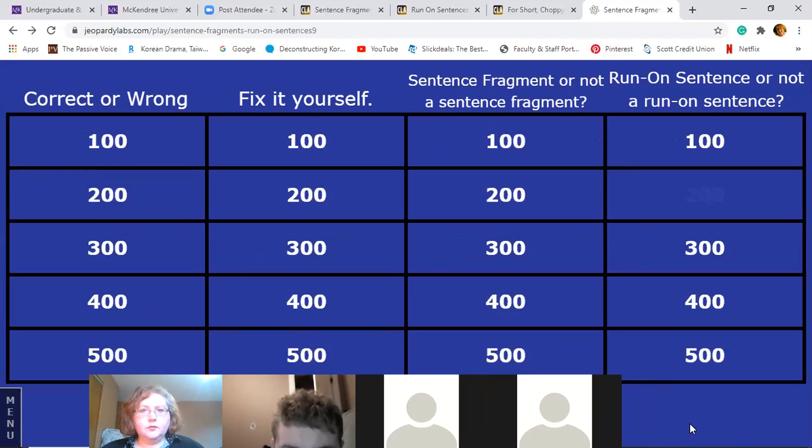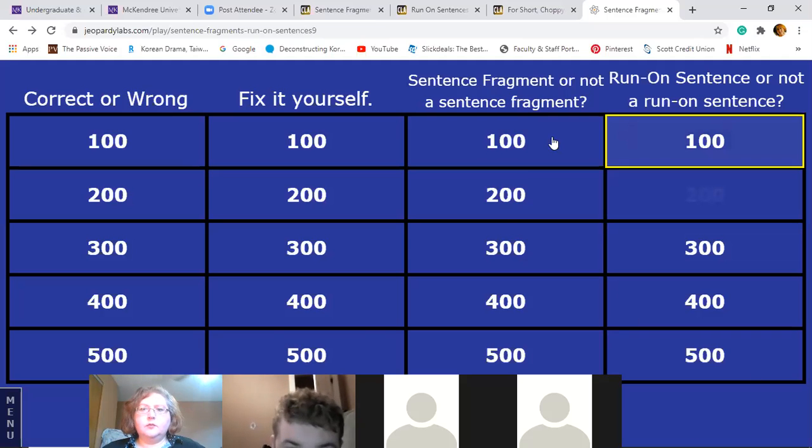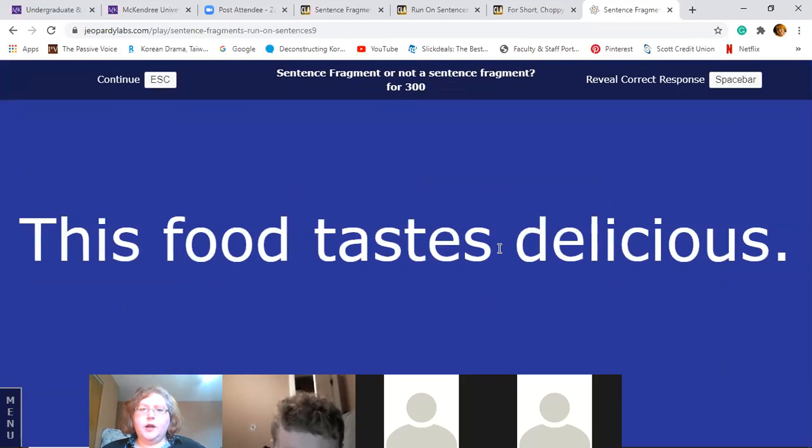We'll do run-on sentence or not 300. All right. This food tastes delicious. Fragment, not a fragment. You put the test phrase in front of it.